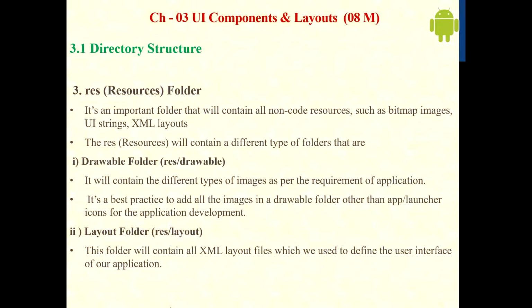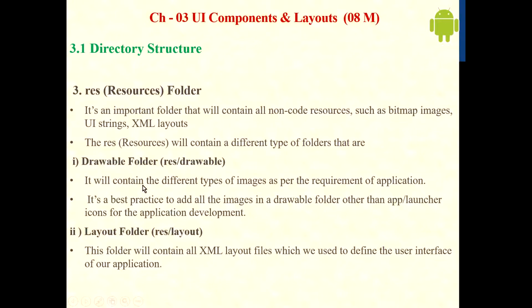Next one, the RES resource folder. It is an important folder that will contain all non-code resources, such as bitmap images, UI strings, and XML layouts. So non-code resources are present in the RES folder. The RES folder contains different types of folders. The first folder is the drawable folder.